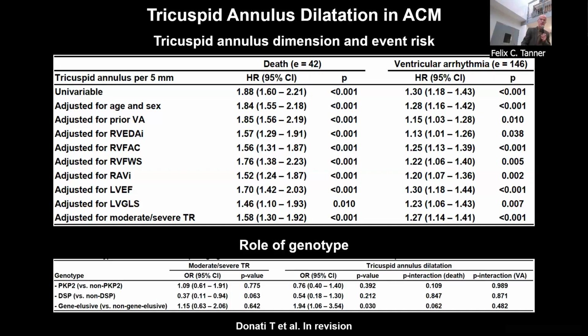And again here, below, you see that the genotype in this cohort of 500 patients doesn't play an important role. So the phenotype is much more important here.